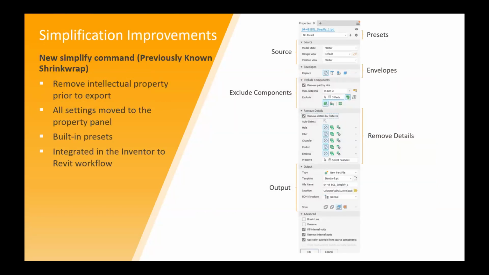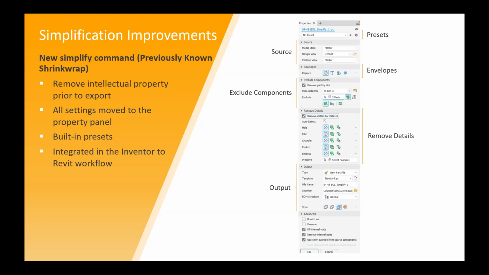All right, the next one will be the simplification improvement. Once again, previously this was known as shrinkwrap. In 2022, shrinkwrap has been replaced with this command called simplification. The new simplify command replaces both the shrinkwrap and shrinkwrap substitute commands. With simplify, you can now remove components and features from a complex assembly in order to collaborate with downstream users, or maybe the shop floor people, in case they don't need to see all the details of the assemblies.